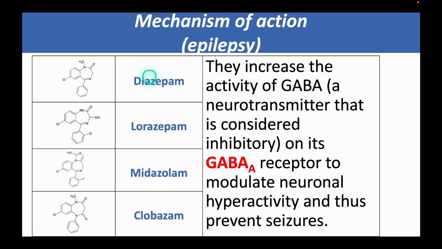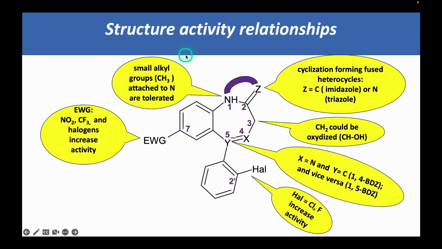Benzodiazepines increase the activity of GABA, a neurotransmitter considered inhibitory, when interacting with the GABA-A receptor, to modulate neuronal hyperactivity and thus prevent seizures. Regarding their structure-activity relationships, we can say the nitrogen of the diazepine ring can be bonded to alkyl groups, such as methyl.